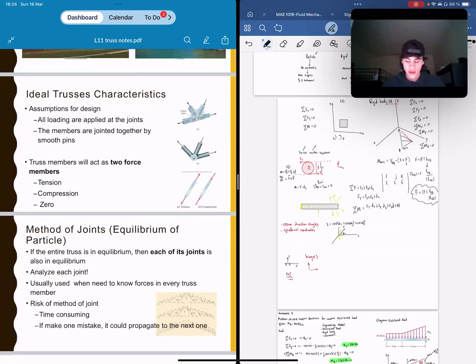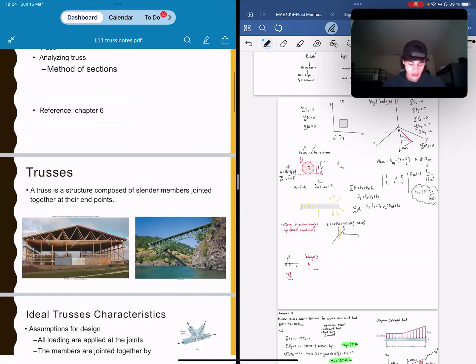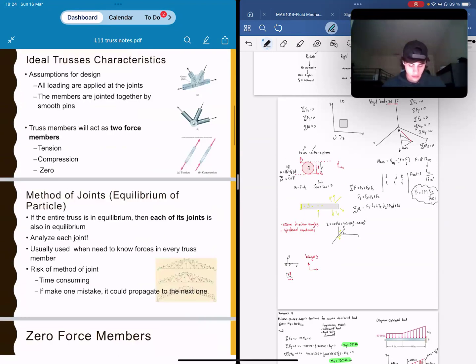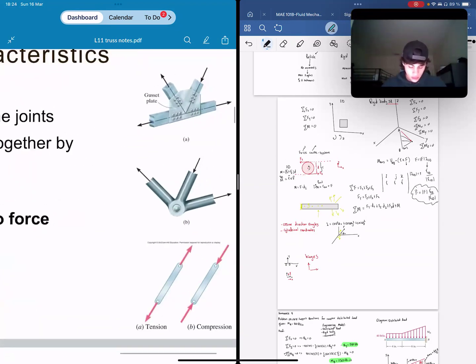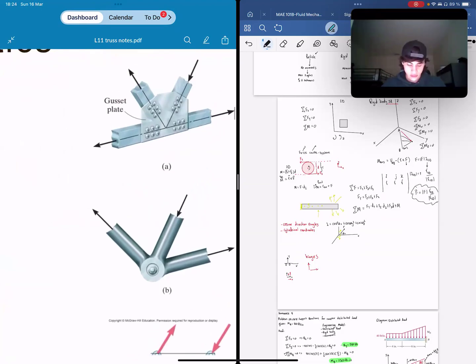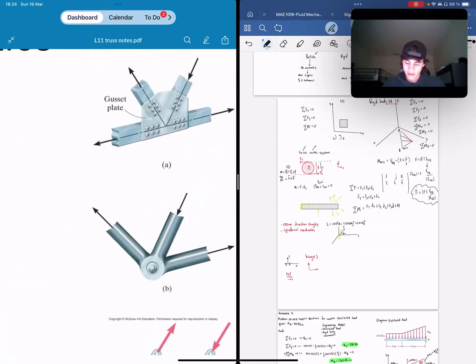Also, in this example right here, this one has three members. And at the joint, since that truss is at equilibrium, I can also conclude that that joint is at equilibrium right there.